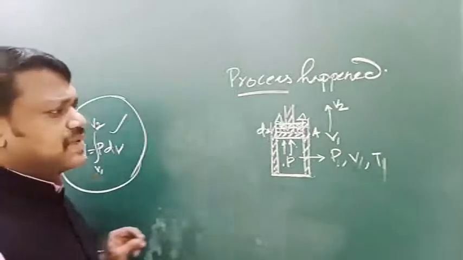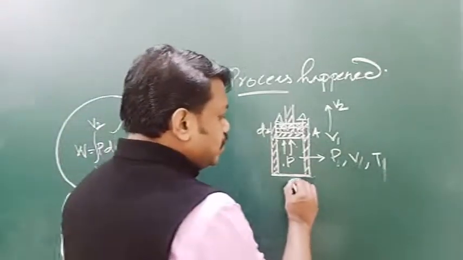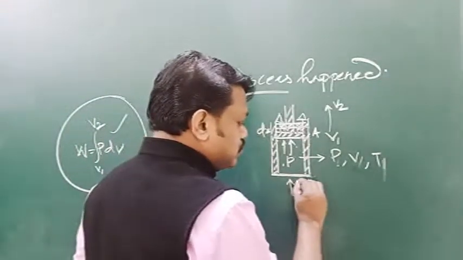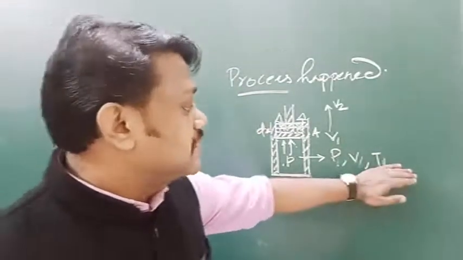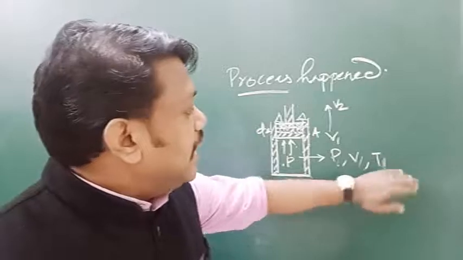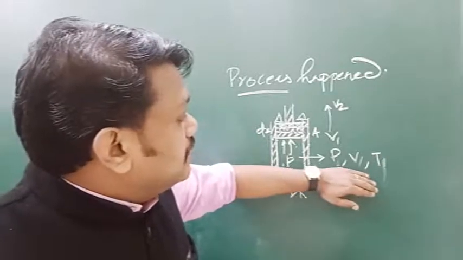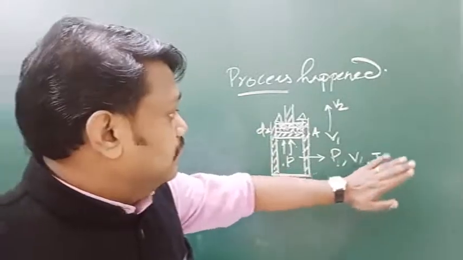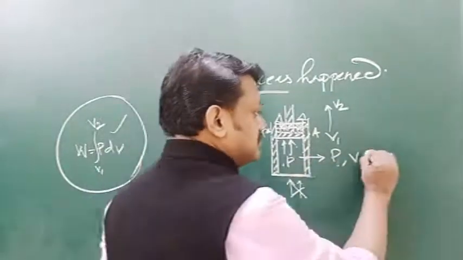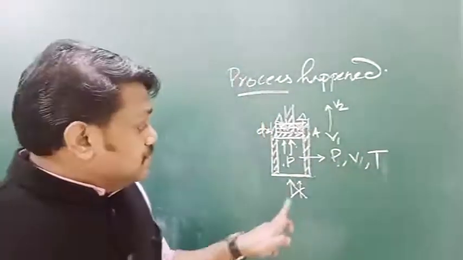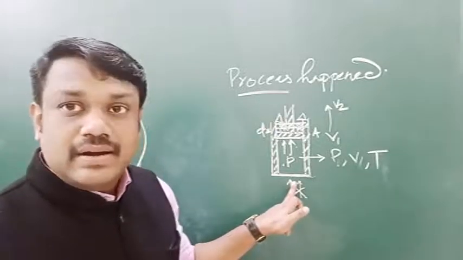Suppose the temperature remains constant, which means its temperature remains constant. That is an isothermal process.